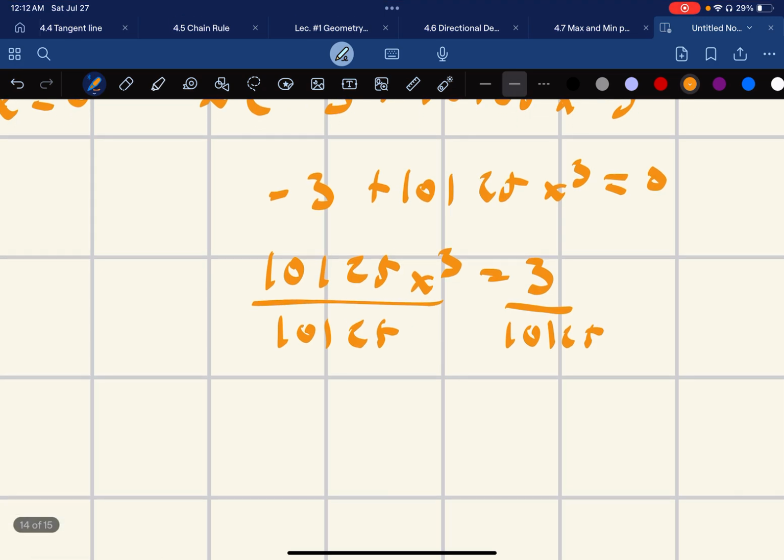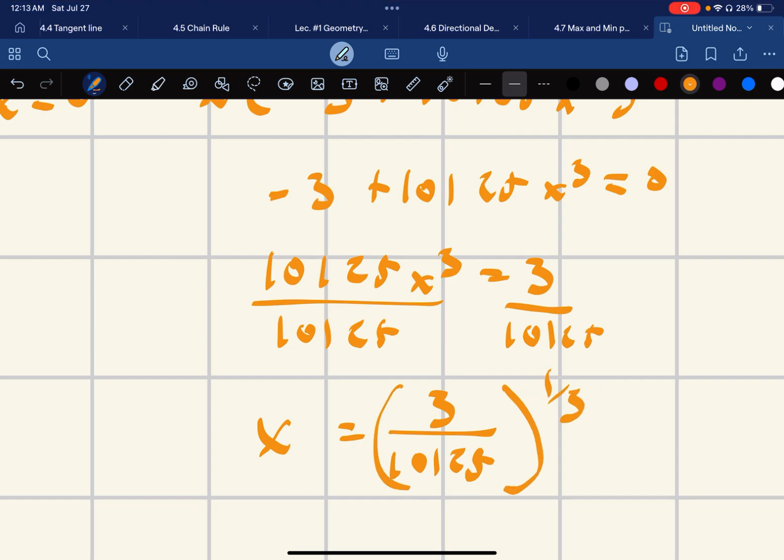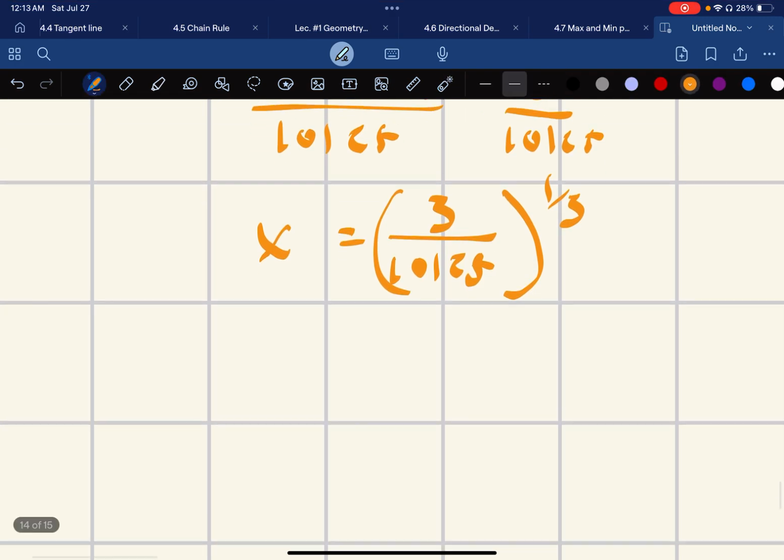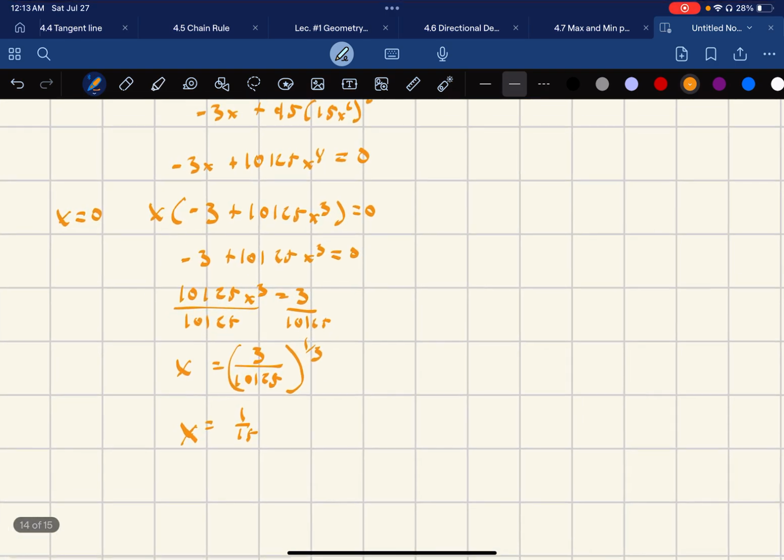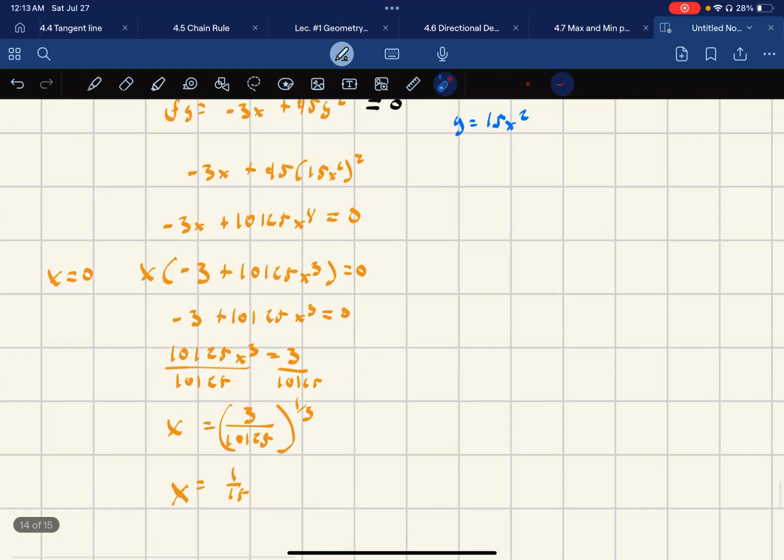So that would just make it x equals the cube root of 3 over 10125, right? To the 1/3 power to get rid of the cube from the x. So overall we have x equals 1/15, right?